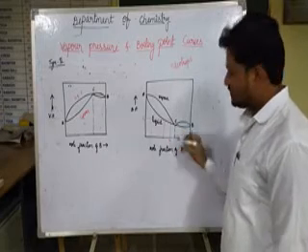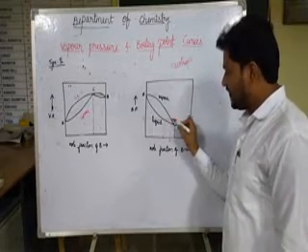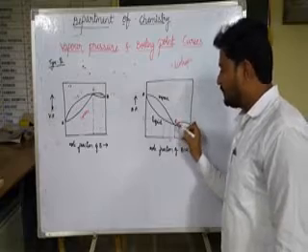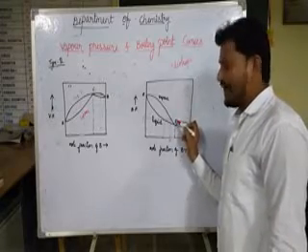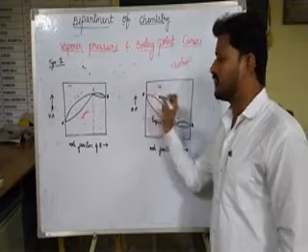Let me call this X1. At the temperature T1, the vapor composition will be more with respect to C and the liquid will be richer with respect to A.